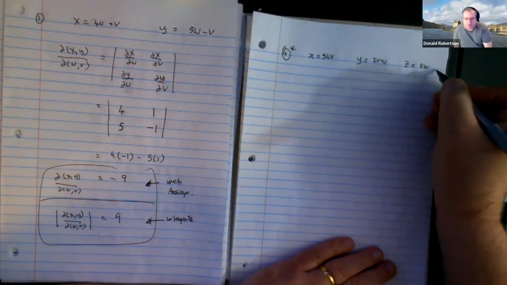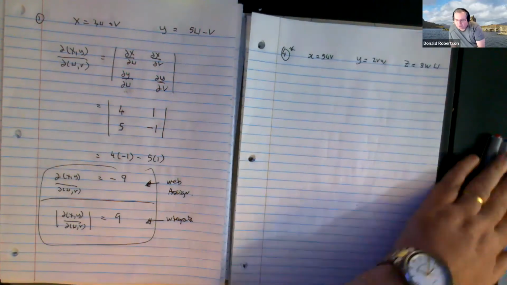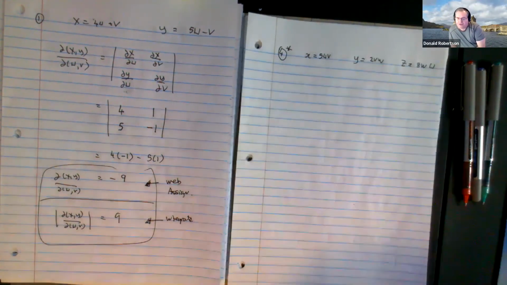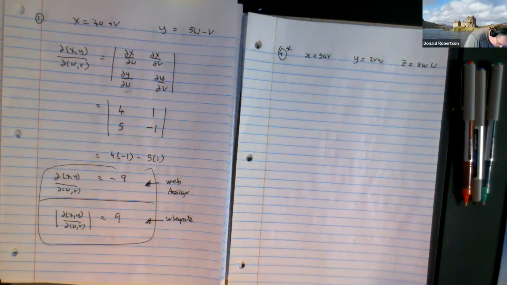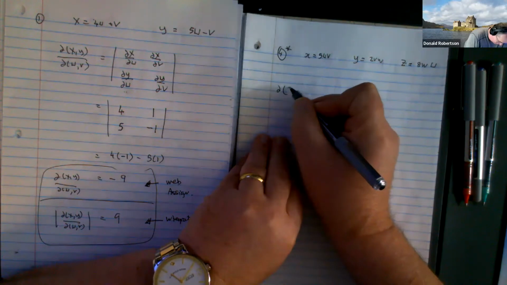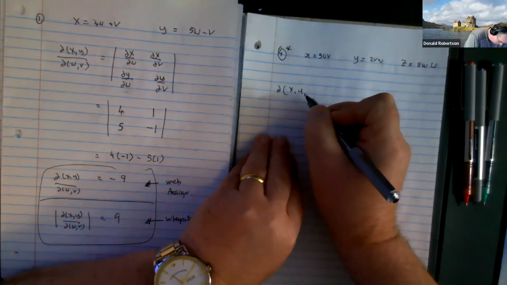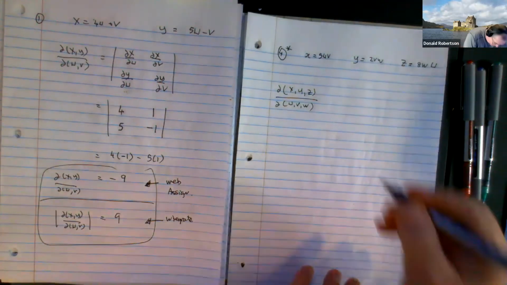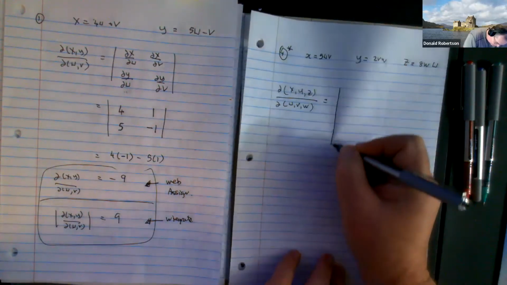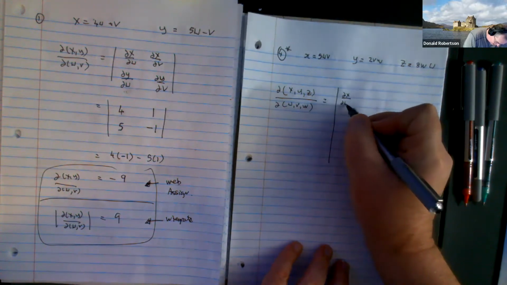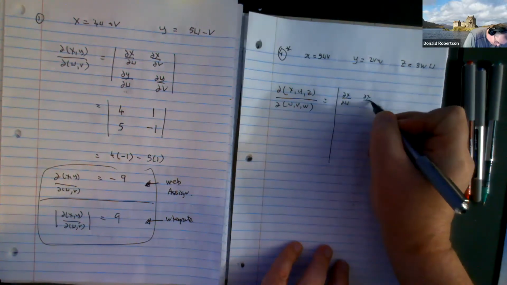We're not going to do triple integrals, but if you were going to do one, you would need 3 variables, right? In this case, u, v, and w. And the Jacobian is x, y, z with respect to u, v, and w. That seems reasonable. But you end up with a 3 by 3 matrix. So you differentiate x with respect to u, v, and w.